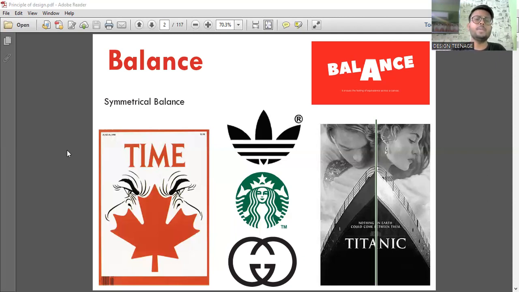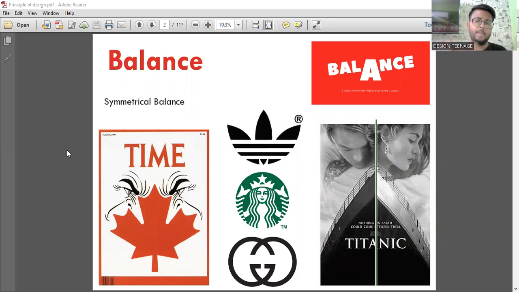What we are trying to mean by this very word symmetrical balance, I will just explain to you. When we are talking about symmetry in terms of a structure, that is something different. But when we are looking at it in terms of design principles, symmetrical balance is slightly different from symmetry.